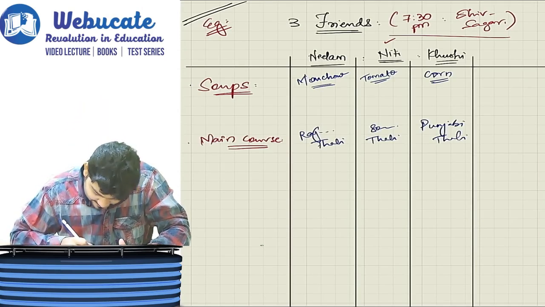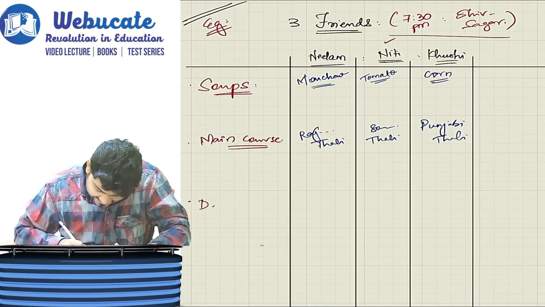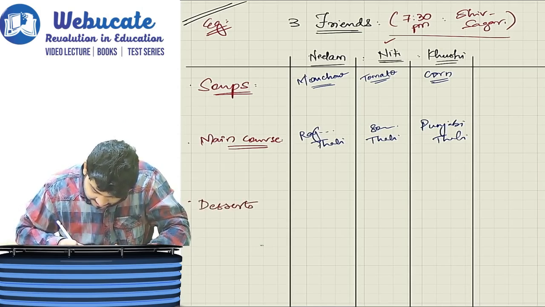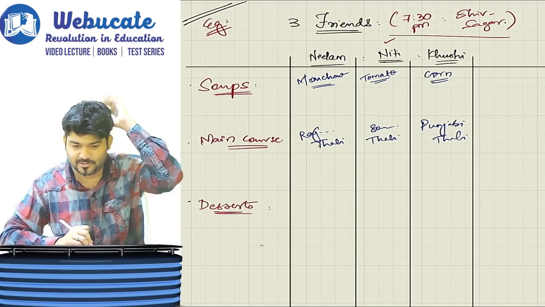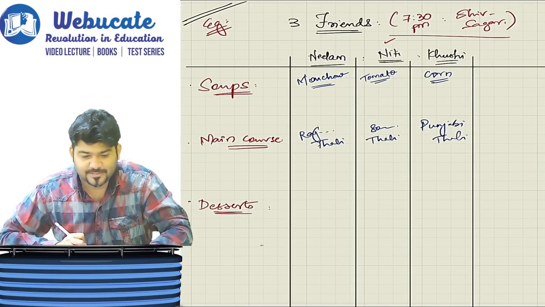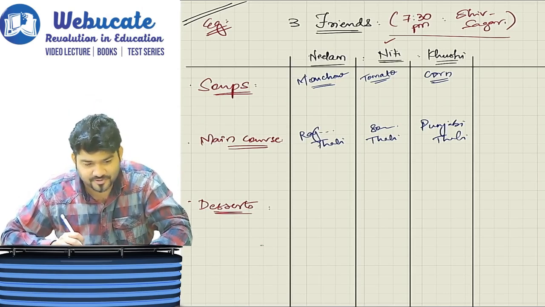Wow, yes. My favorite is dessert. So, what is the dessert that you would want? Please, Neelam, tell me what is the dessert that you are looking for? Neeti, Rajshri, please tell me what dessert you are looking for, girls?